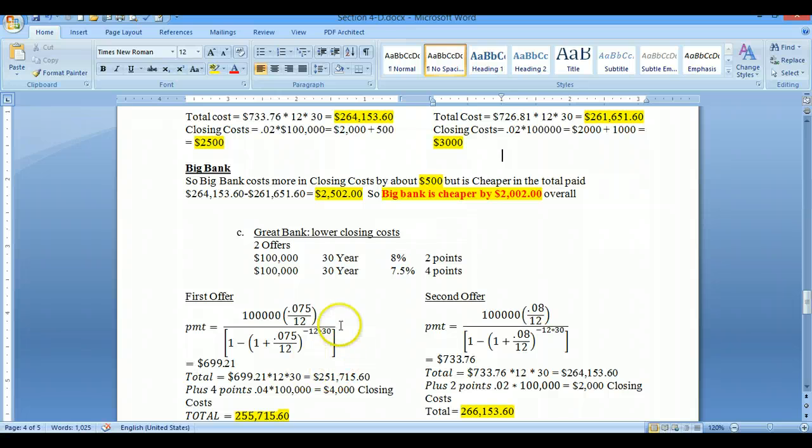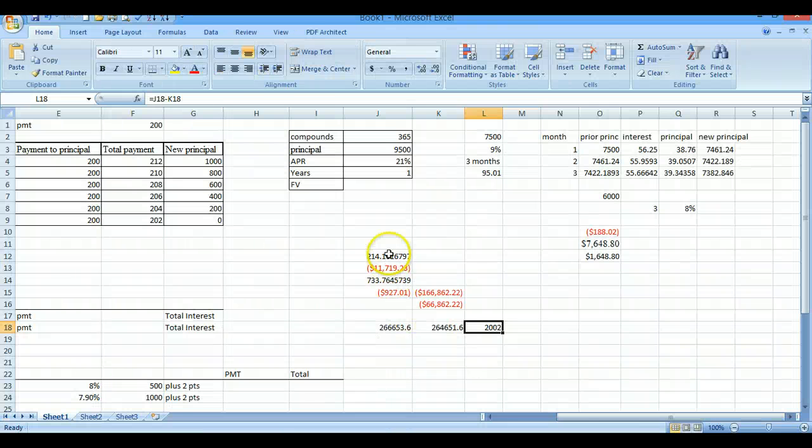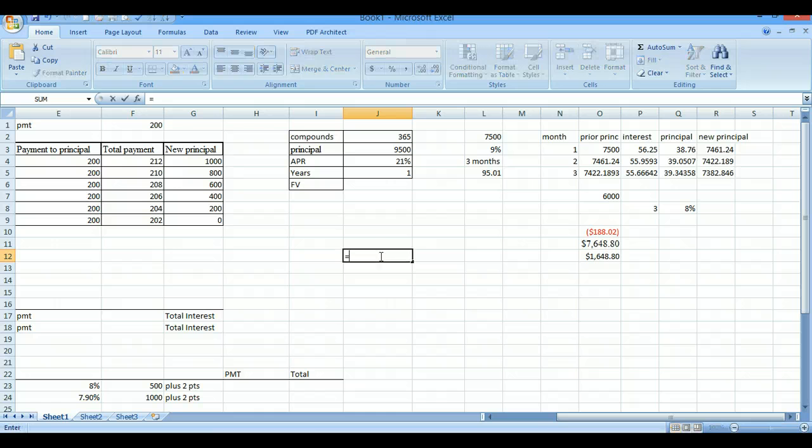The first offer, to find the payment, we can use our payment formula, or we can use Microsoft Excel. And let's go ahead and come in here, let's clean some of this out. Equals, payment, PMT. The rate was 0.08 over 12.